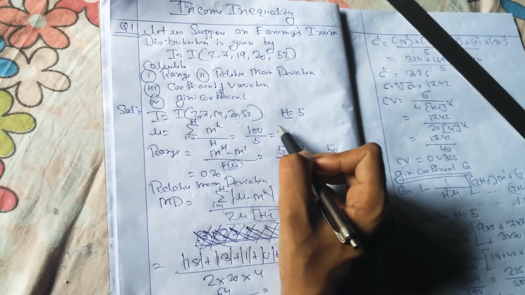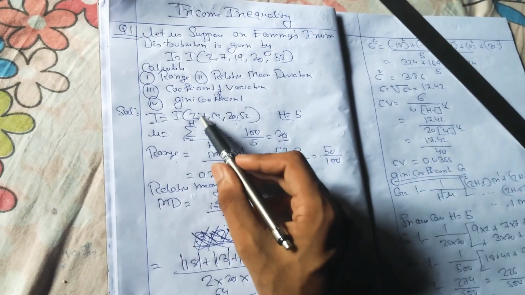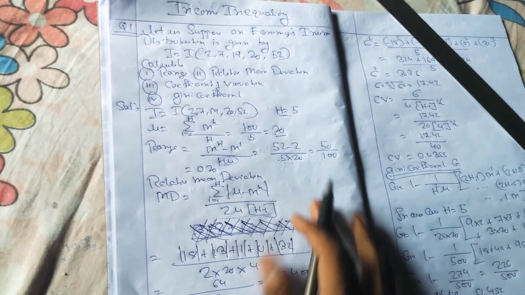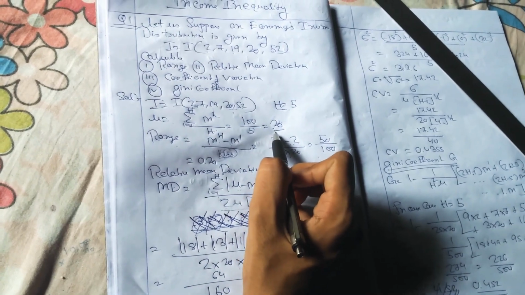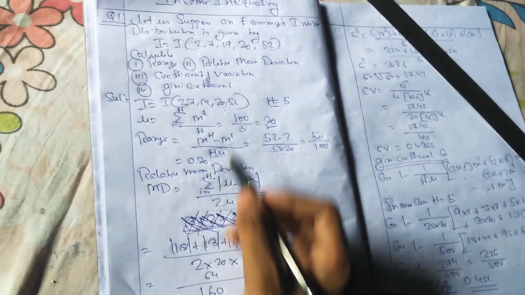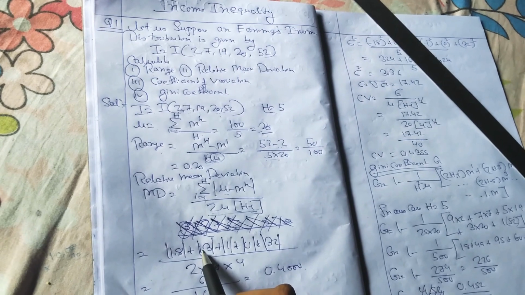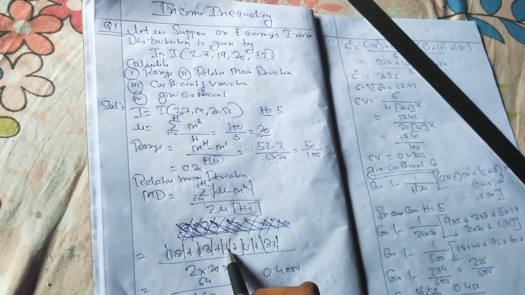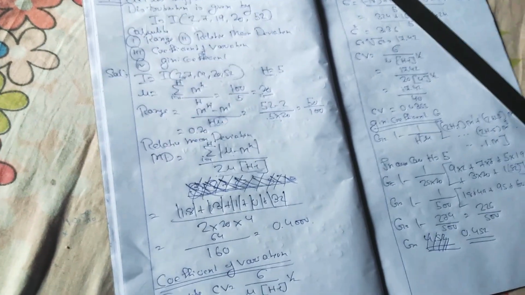For every income, you calculate the absolute deviation from the mean income. So 2 minus 20 is 18, ignore the negative sign, you get 18. 7 minus 20, 13, ignore the negative sign, 13. Similarly 19 minus 20, 1, ignore the negative sign. Doing it similarly for 20 and 52.